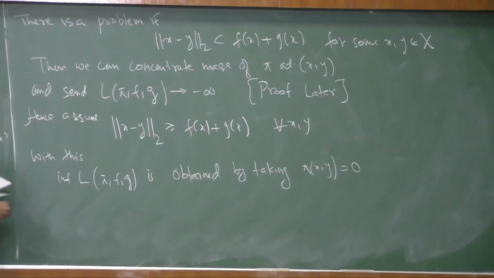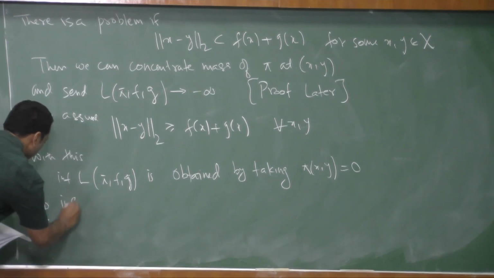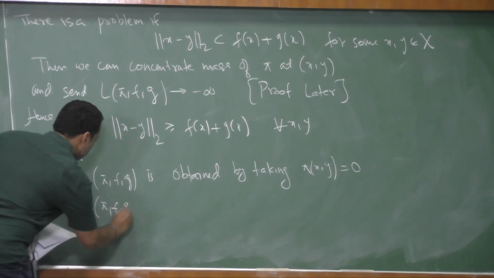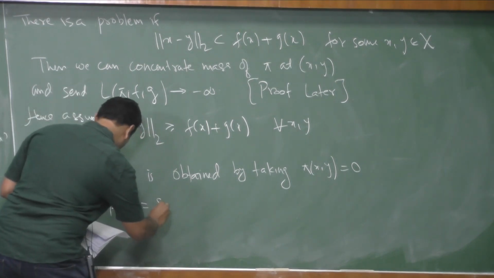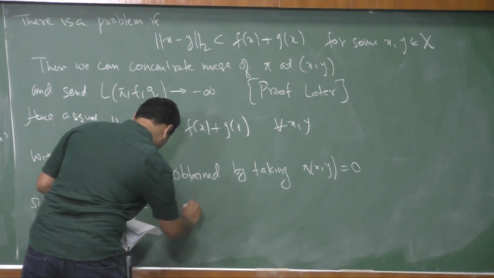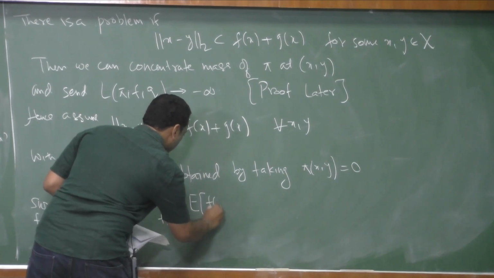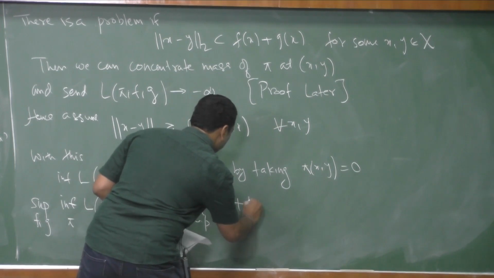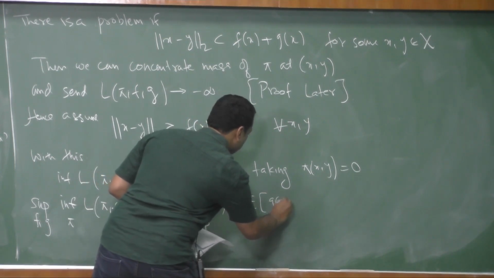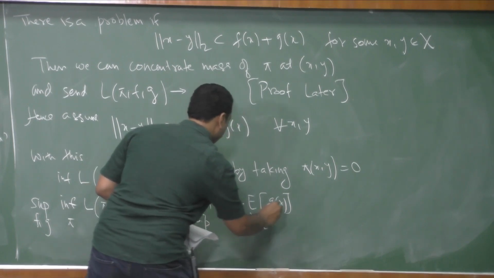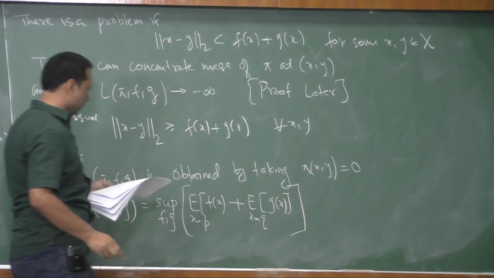So we have the sup over f, g and inf over pi of L(pi, f, g), and this boils down to sup over f, g of the expectation of f(x), x follows p, plus the expectation of g(x), x follows q. That's it.